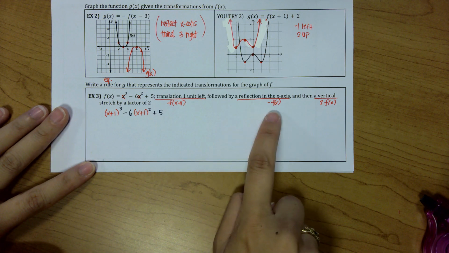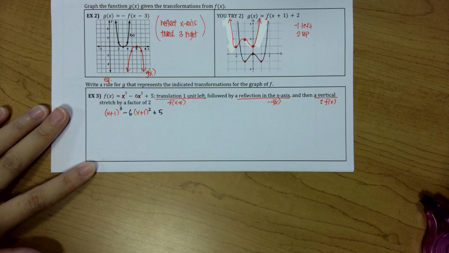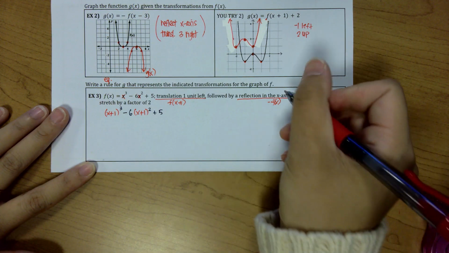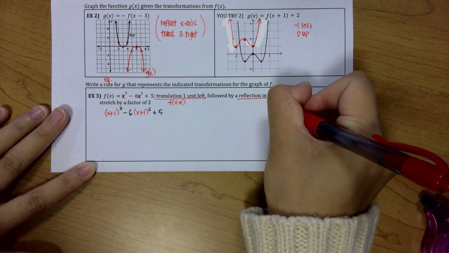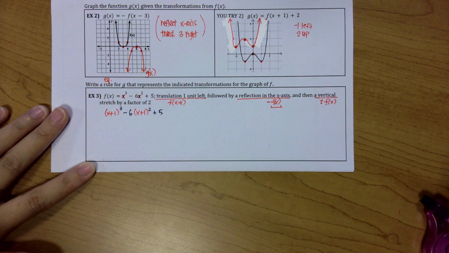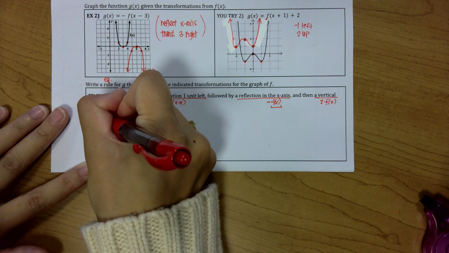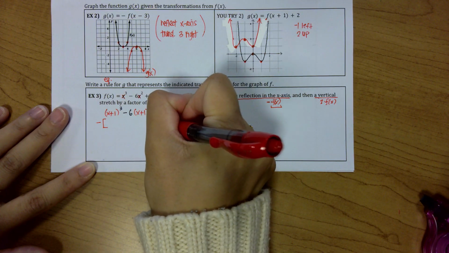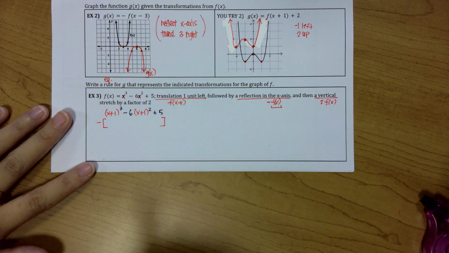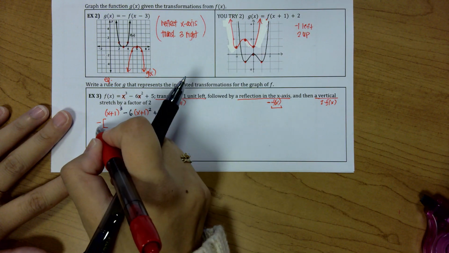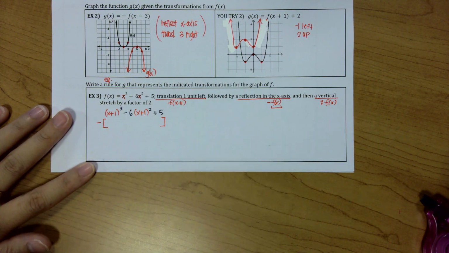Followed by reflection in the x-axis. Well, this negative f of x means I'm going to take a negative, or the opposite, of everything. So I'm going to reflect, and I know that the whole thing, all of this, is going to be multiplied by a negative. Okay, so I'm just going to write without writing this whole thing again.